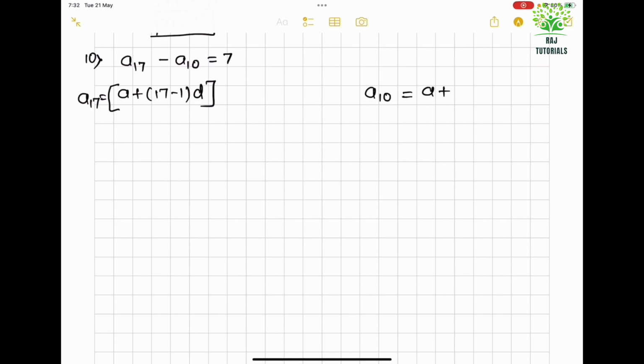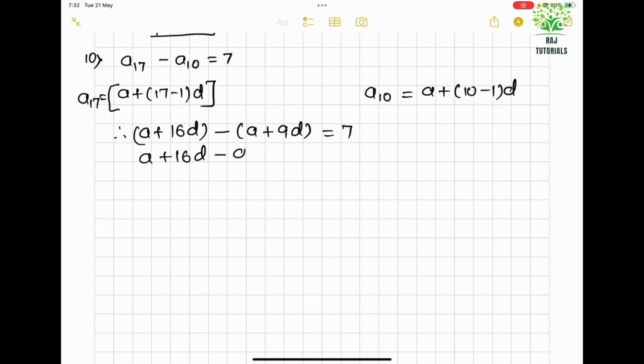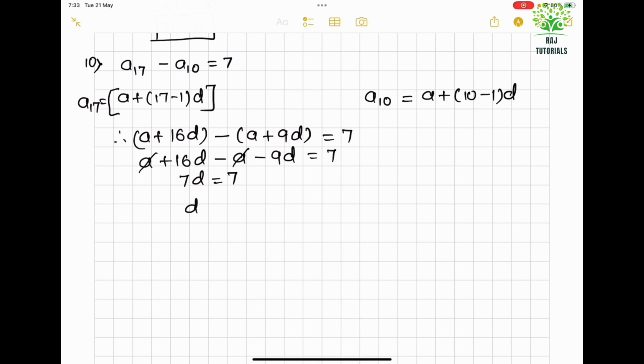And A10 term will be a plus (10 minus 1)d. So therefore (a plus 16d) minus (a plus 9d) equal to 7. So a plus 16d minus a minus 9d will be equal to 7. So a cancel, 16 minus 9. So 7d equal to 7. So d equal to 7 by 7. So d equal to 1.